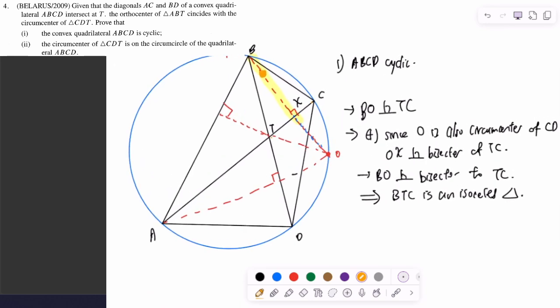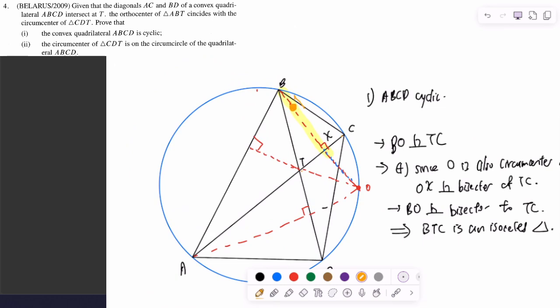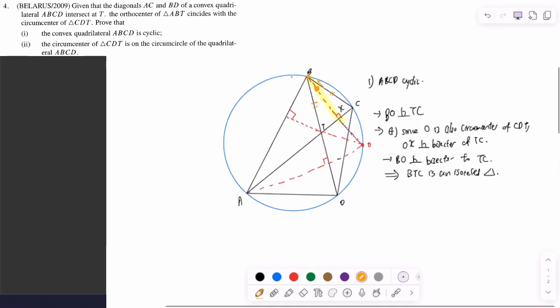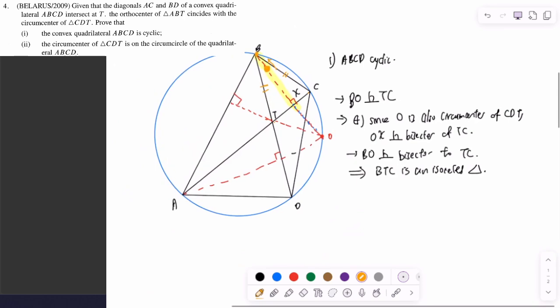So if we drag this point upwards towards B, since it lies on the perpendicular bisector, the distance from B to T and the distance from B to C is the same. That's why it's isosceles. So this implies, by the simple isosceles triangle rule, angle BCT equals angle BTC, the ones that I'm marking in red.